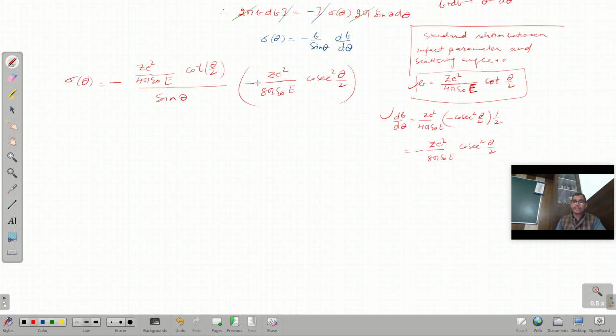This minus into minus will become plus, so I can write it as Z² e⁴ over 4πε₀E, and put these two together. This is sin θ upon 1, so I can write it as 1 over sin θ, and cot θ/2 can be written as cos θ/2 over sin θ/2.